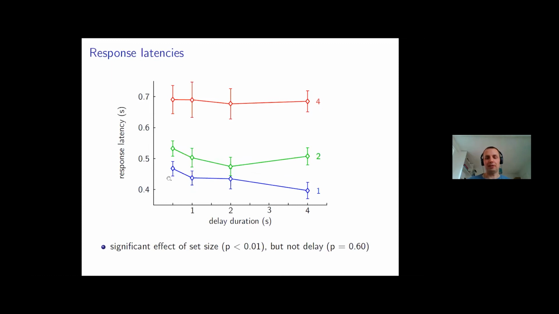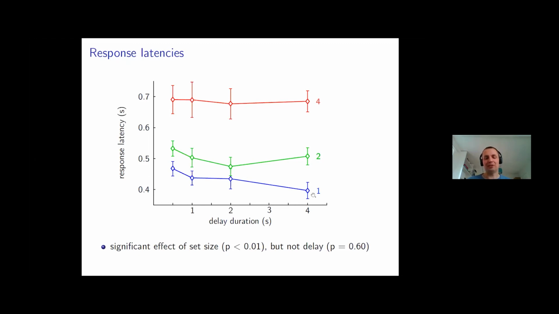People make their response, their saccadic eye movements, faster if there are only 1 or 2 items to memorize than if there are 4 items. And this effect of set size is again very robust, but there's no significant effect of delay duration. So people make their response as fast or even faster with longer delays, as in the response time after the cue is presented, no matter how long the delay duration was.